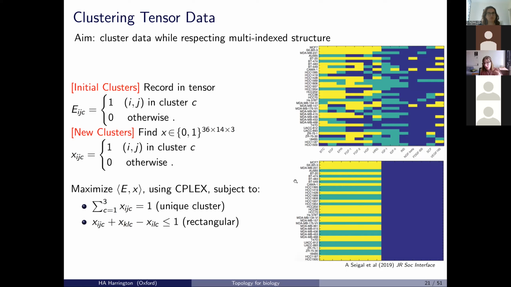Or some of the clusters had these types of receptors that bind to these ligands, so there's something special about them. So without knowing any of that information, our clustering pulled some of that out, and it improves the current classification which they have of breast cancer cell lines. So I think that's quite exciting. And this was work with Anna Siegel, who's an expert in geometry of tensors.